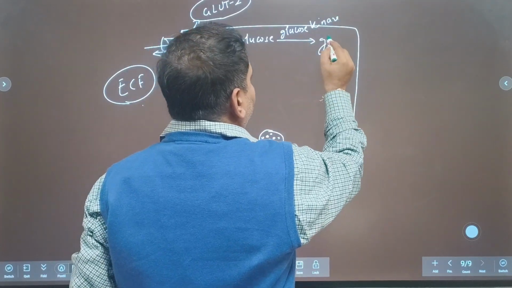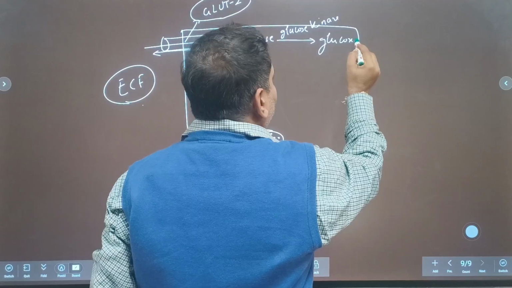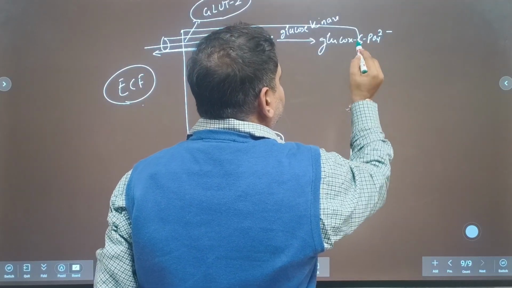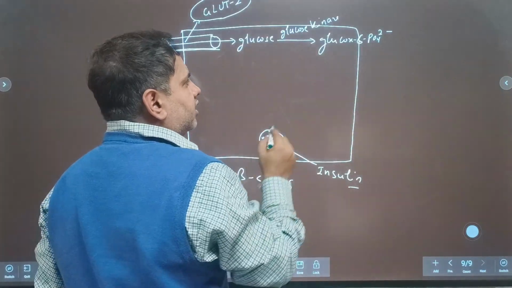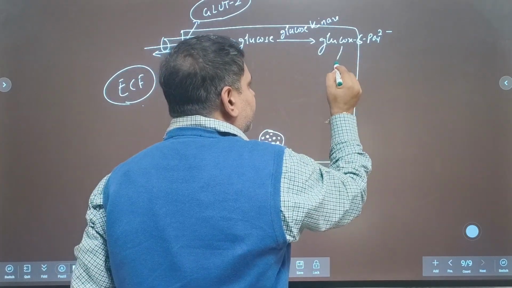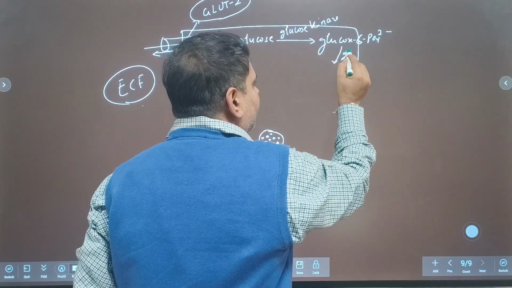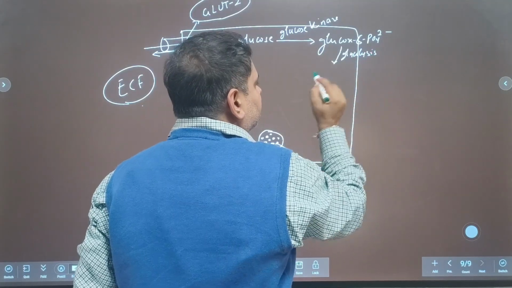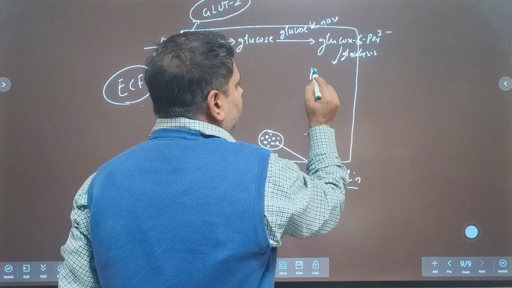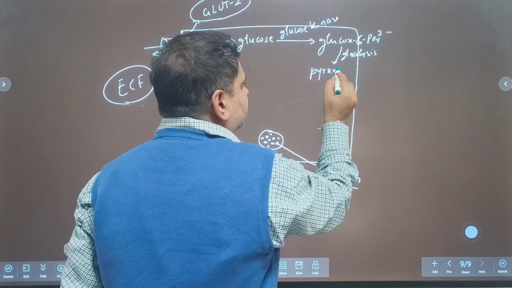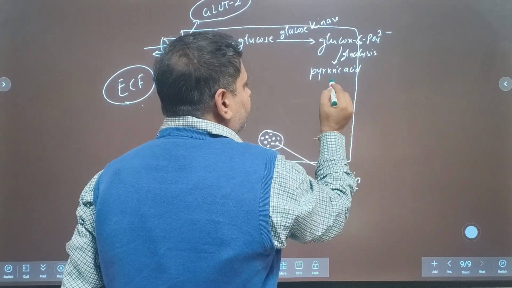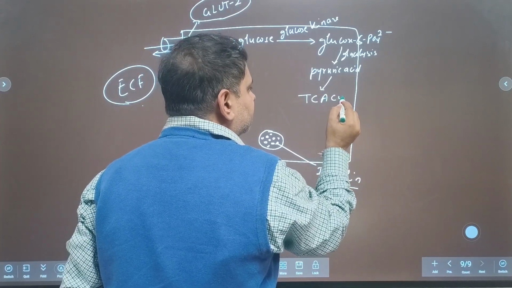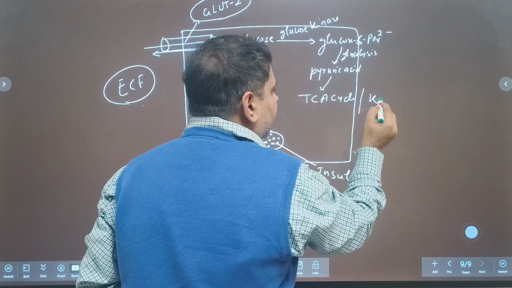This will convert the glucose into glucose 6-phosphate. This glucose 6-phosphate, through the process of glycolysis, is converted into pyruvic acid. Pyruvic acid is going to enter into the TCA cycle, or you can call it the Krebs cycle.